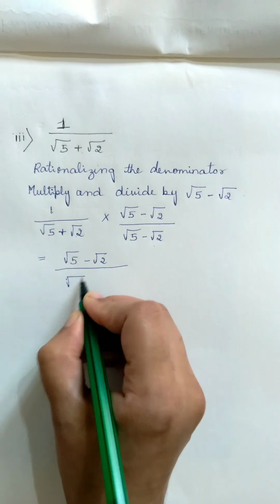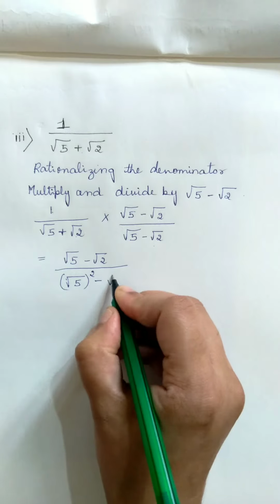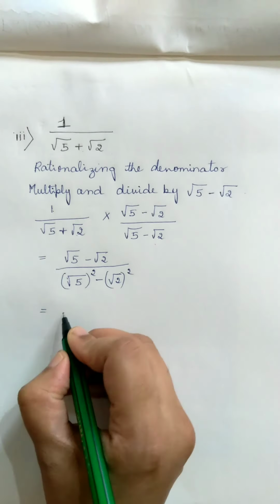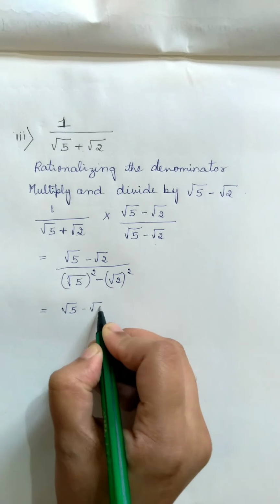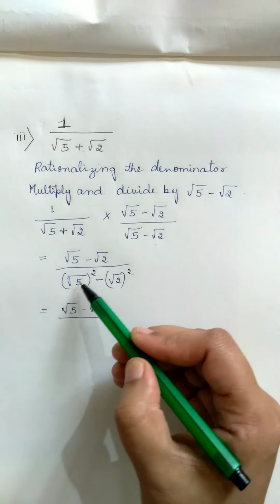Therefore, a square is root 5 whole square minus b square is root 2 whole square.